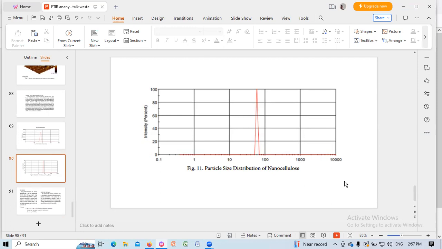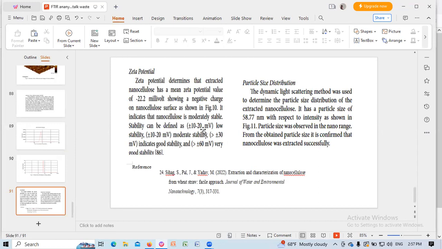The particle size was 58.77 nanometer with respect to the intensity. It's the explanation of zeta potential and zeta size.